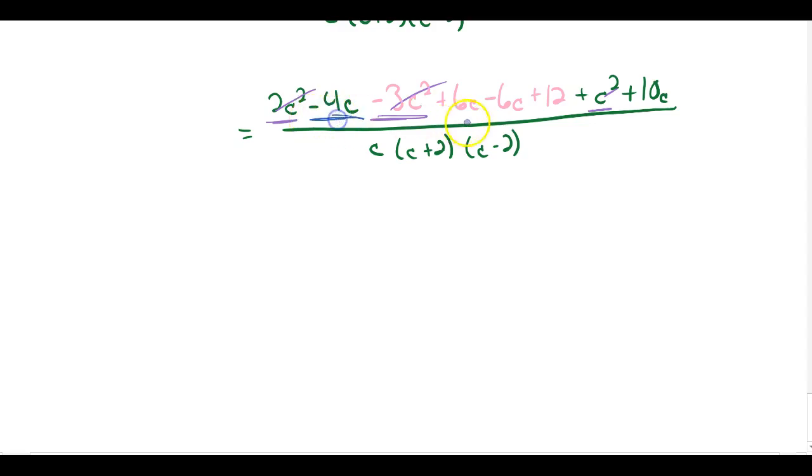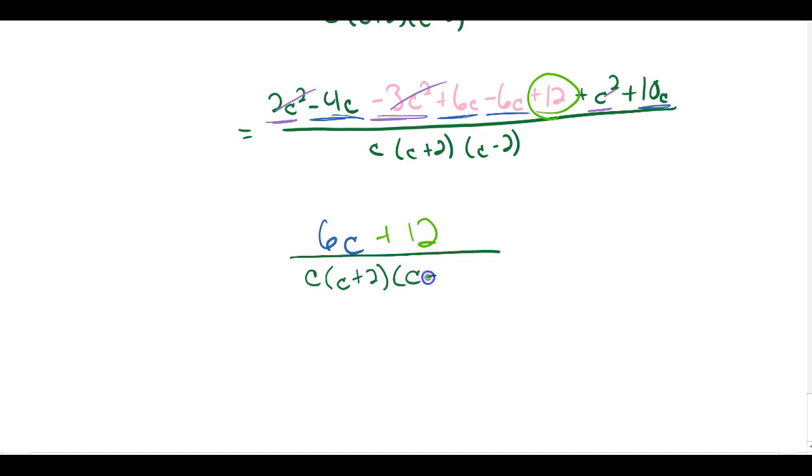I've got negative 4 plus 6, so that gives me a positive 2, minus 6 would give me a negative 4, plus 10 gives me a positive 6c, and then I have a plus 12. Still over c times c plus 2 times c minus 2.